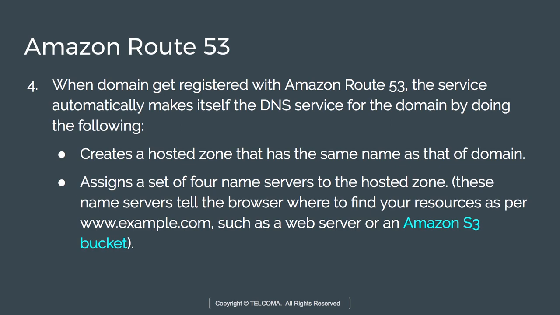It creates a hosted zone and assigns name servers to the hosted zone. Hosted zones are basically the name servers which tell the browser where your resources are, whether in a web server or an S3 bucket. After that, it gets the name servers for the hosted zone and adds them to the domain.